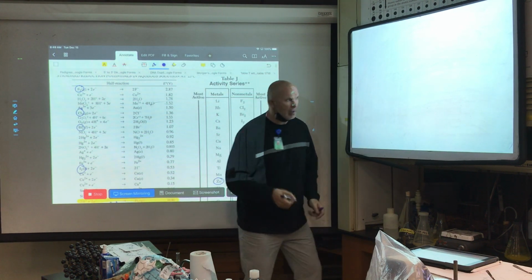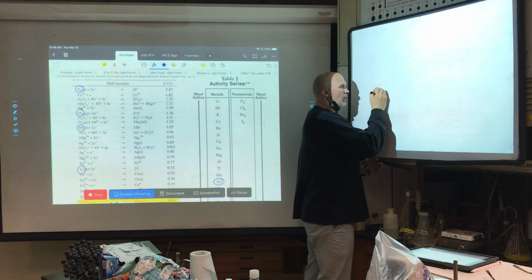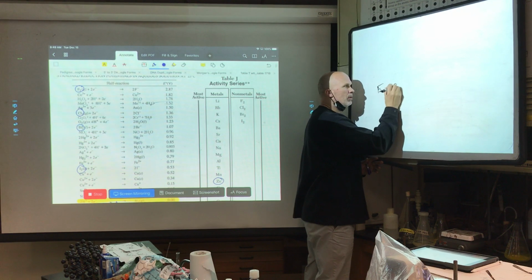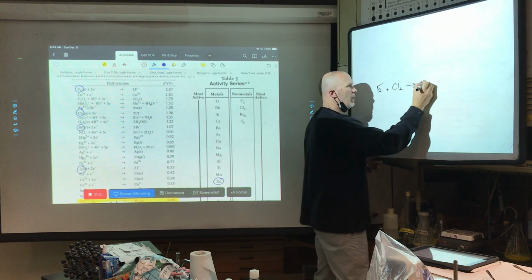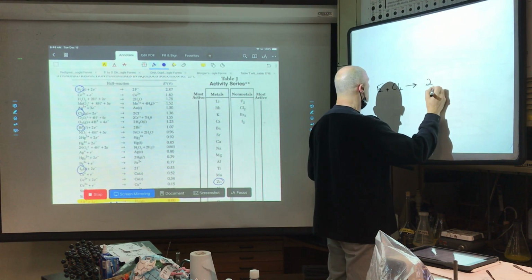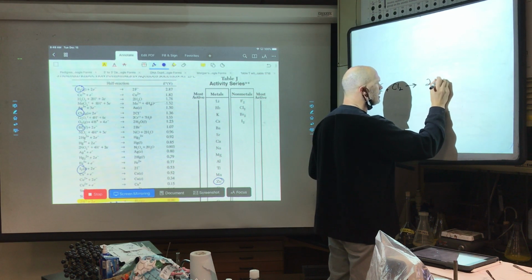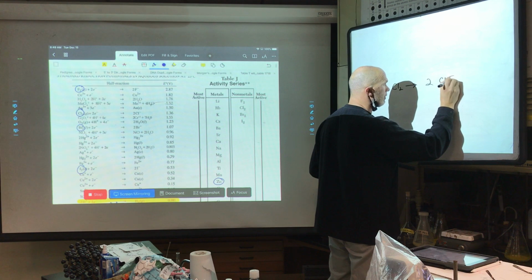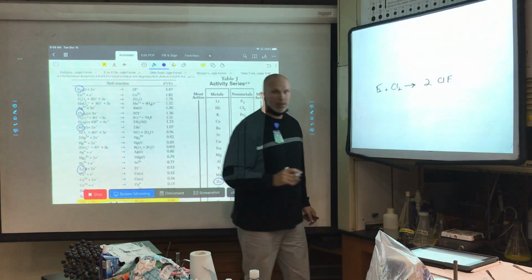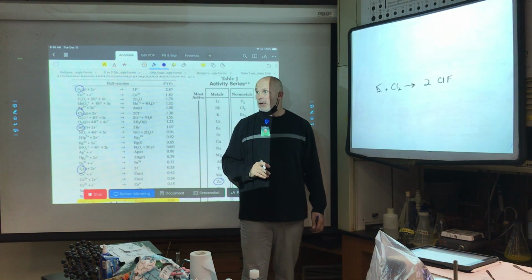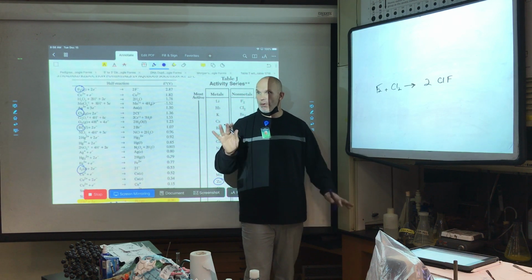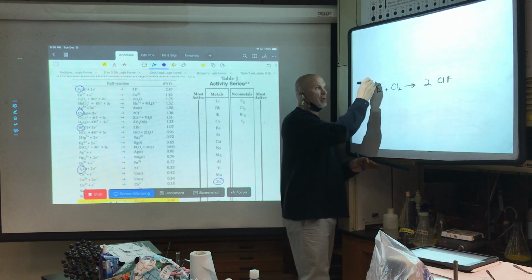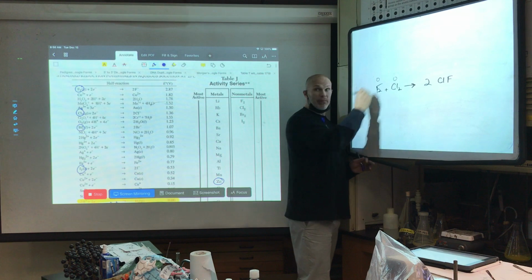So what if I give you this? F2 plus chlorine makes 2 ClF. Is this a spontaneous reaction? Now, if you don't know what's going on here, this is a 0. This is a 0.